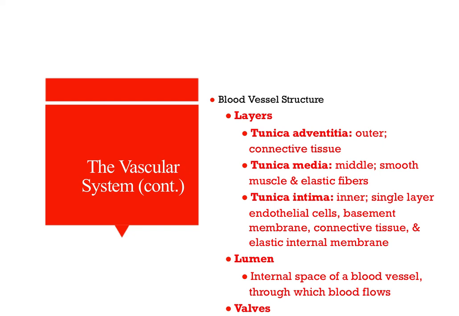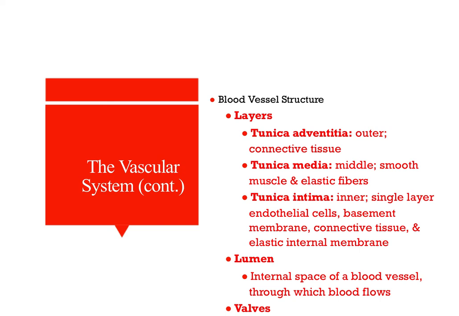And the tunica intima is the inner single layer, okay? So a good way to remember this is the outer, adventitia, adventures; media, middle, right? And then intima, inner. And then it all has tunica in front. Just a little tip that may help you remember those.